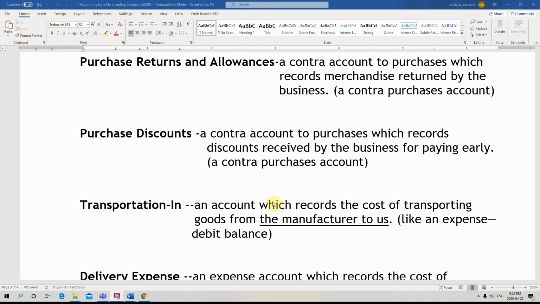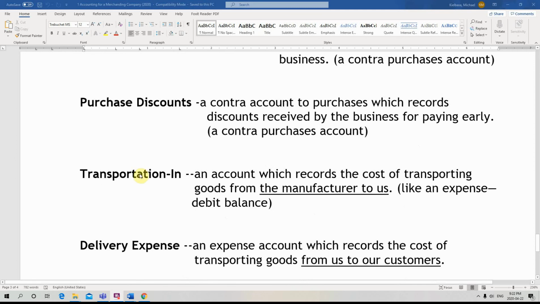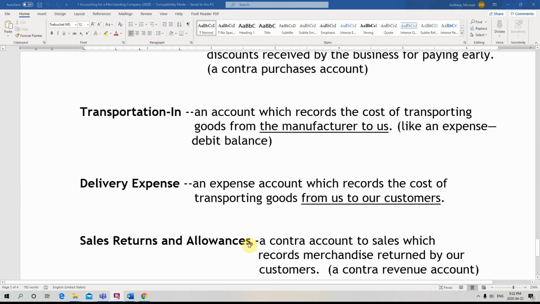Okay, so it's going to appear on the schedule of cost of goods sold. Now, the opposite of transportation in is delivery expense, and that is an expense account that records the cost of transporting goods from us to our customers. Okay, so transportation in is from the manufacturer to us. Delivery expense is from us to our customers.